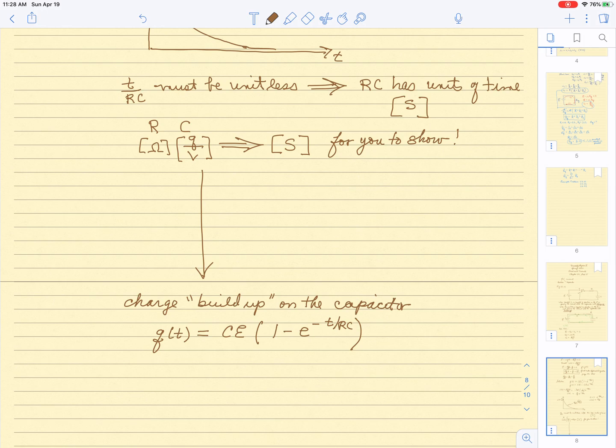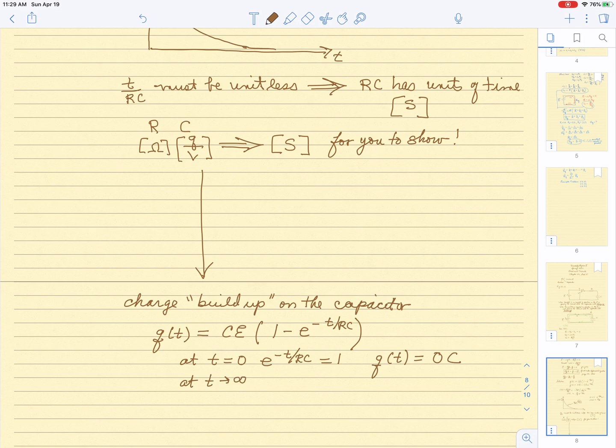And if we just look at this at its extremes, at t equals 0, e to the negative t over RC is equal to 1. And 1 minus 1 is 0, and so Q of t at t equals 0 is going to be 0 coulombs.